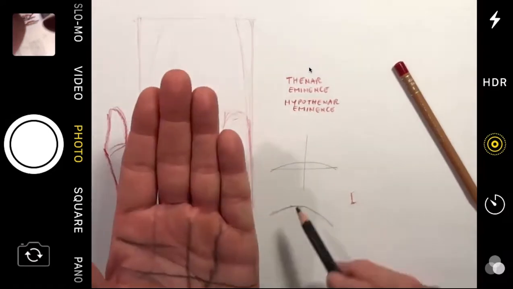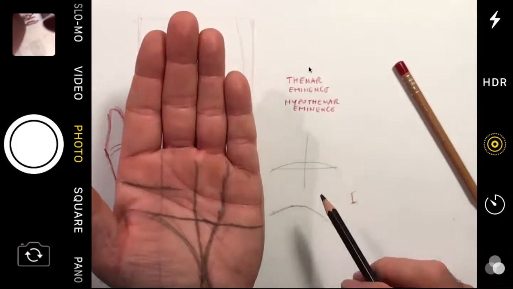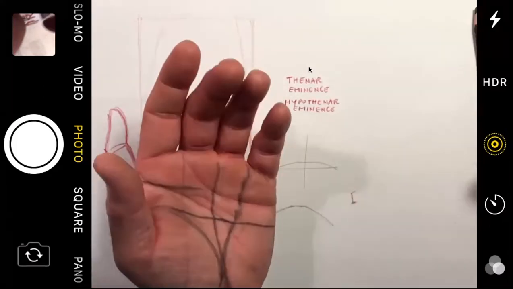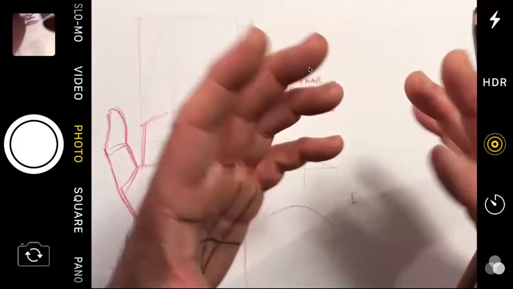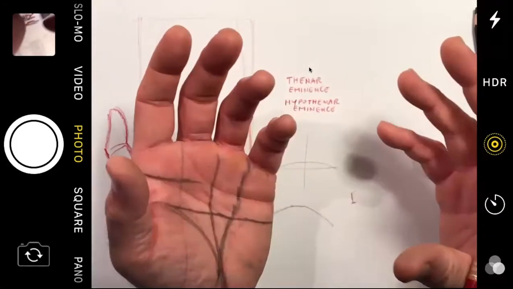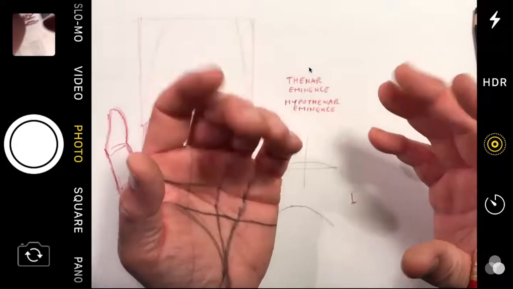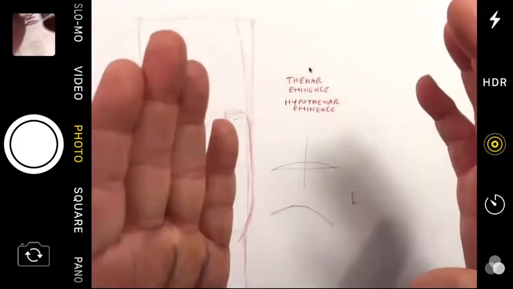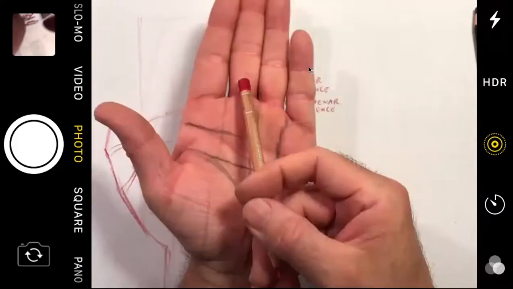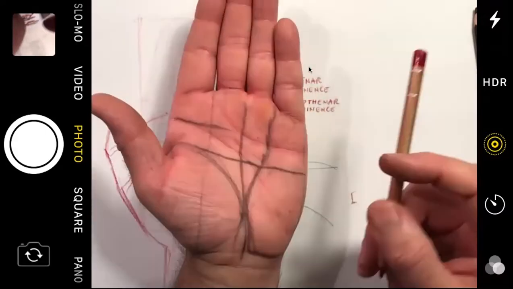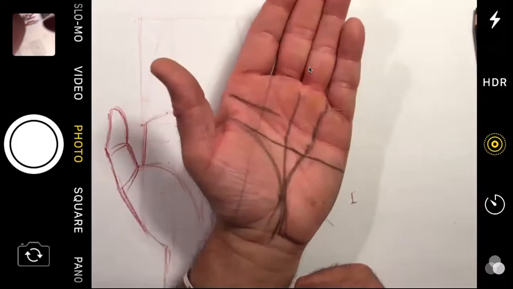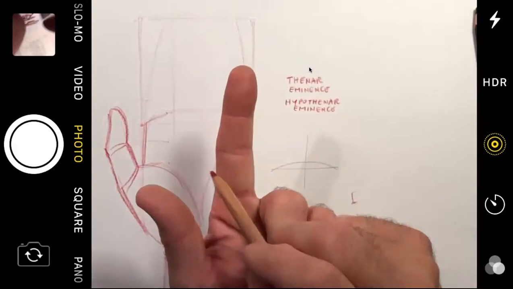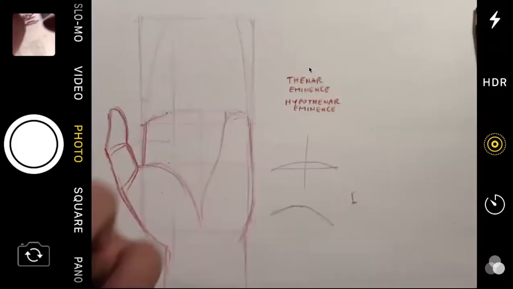So this brings out an interesting aspect of the human body, where within a single form you do not have symmetries. If I take a person and cut them in half, I have right and left, they're symmetrical. But if I take the hand and cut it in half, there's no symmetry in the hand. If I take a finger and cut it in half, there's no symmetry. Look how this kind of pokes out more, etc. There's no symmetry within the single forms of the body.